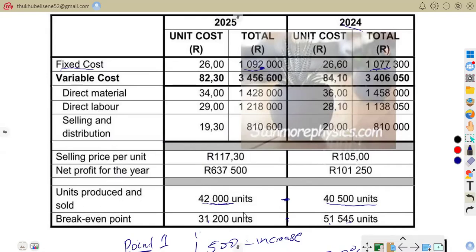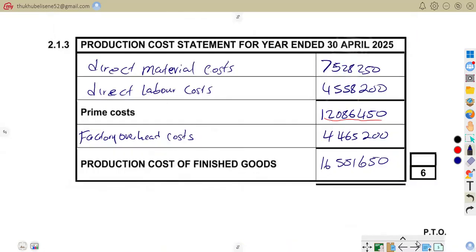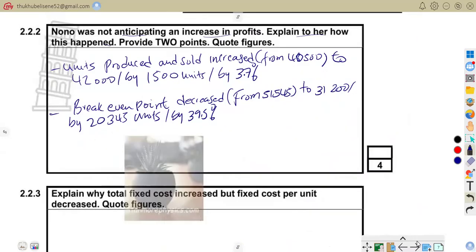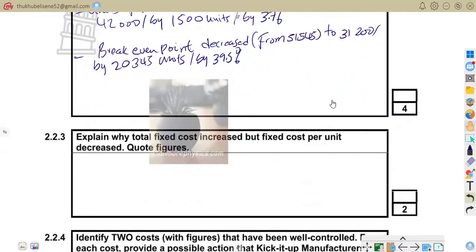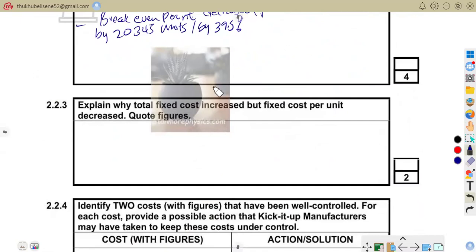Or you can answer that question simply. Let's go to our answer book. So remember that we were asked to explain why the total fixed cost increased but fixed cost per unit decreased. So you are to quote the figures. So you can talk about the economies of scale.